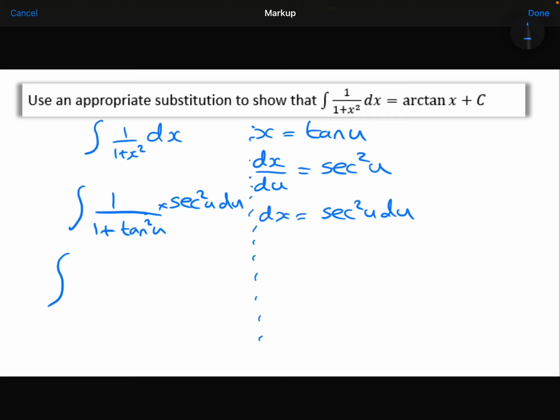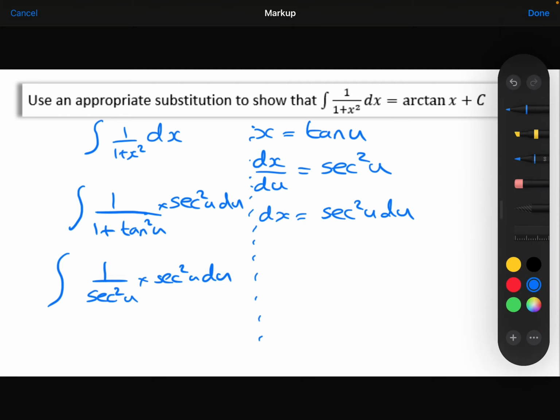And like I said before, the denominator, 1 plus tan squared, becomes sec squared u. Hopefully now you'll see that the sec squareds are going to cancel out, and it's just going to be the integral of 1 with respect to u, which is just u plus c.